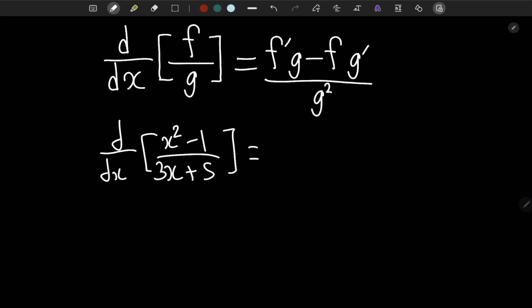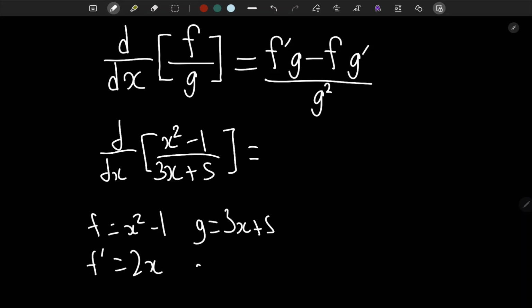The numerator is going to be f and the denominator is going to be g. So f is equal to x squared minus 1. F prime is the derivative of f, so it's going to be 2x, and g here is 3x plus 5, and g prime is equal to 3. So now we just need to follow the formula.